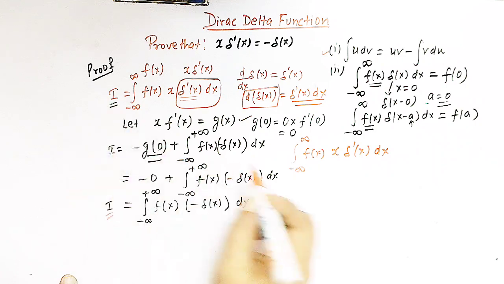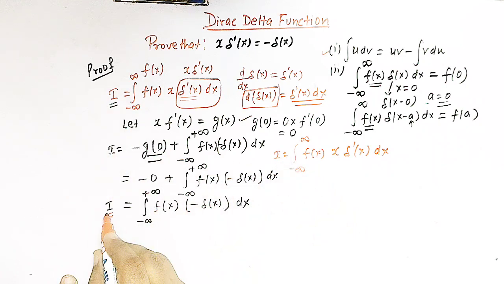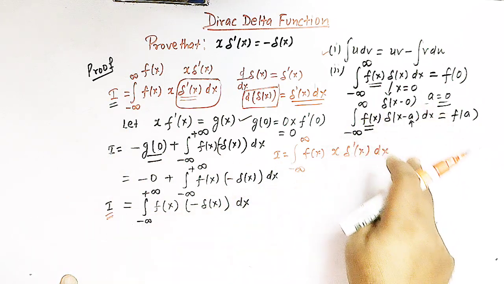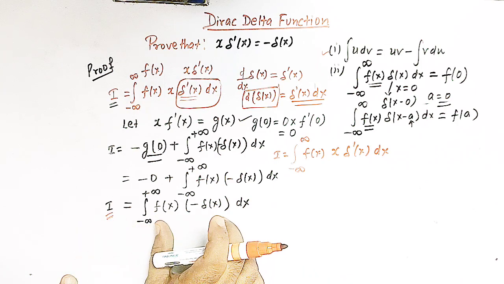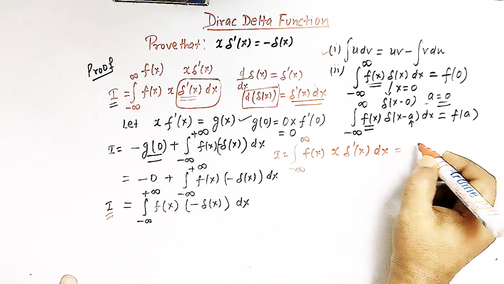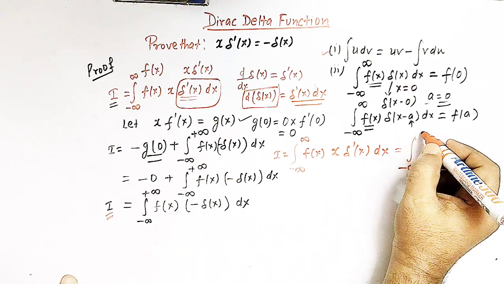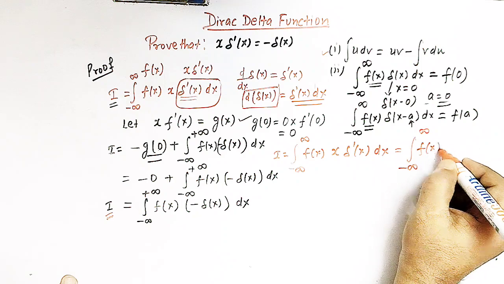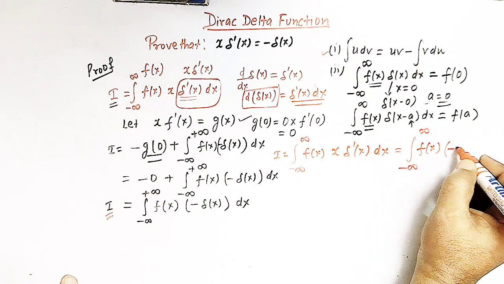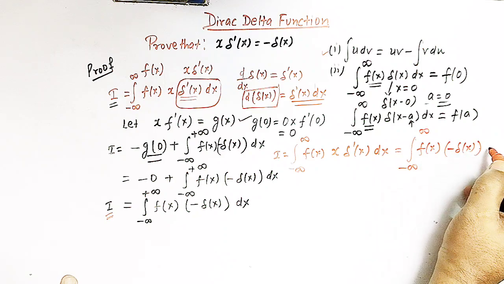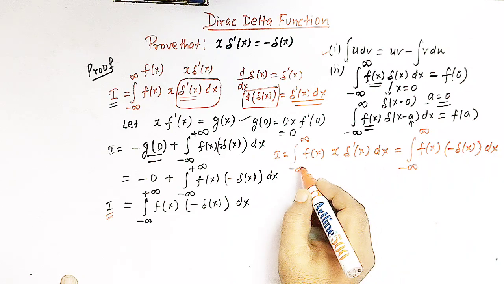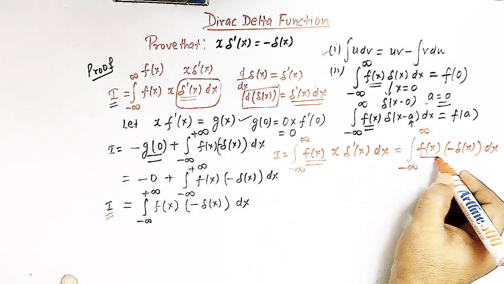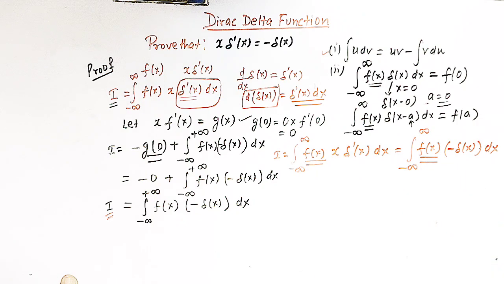This was our integral I, and through all these steps we have arrived at this integral, so I is also equal to the integral from minus infinity to infinity of f of x times minus delta of x dx. Now if we compare both sides, here we have f of x and here also we have f of x.